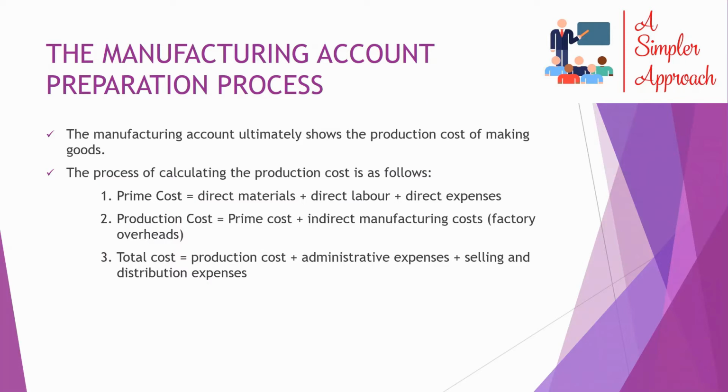Now, prime cost is made up of three things: direct materials, direct labor, and direct expense. Now, if you look at that description, you will recognize a key word in all three: direct. Therefore, what does direct mean in this context?